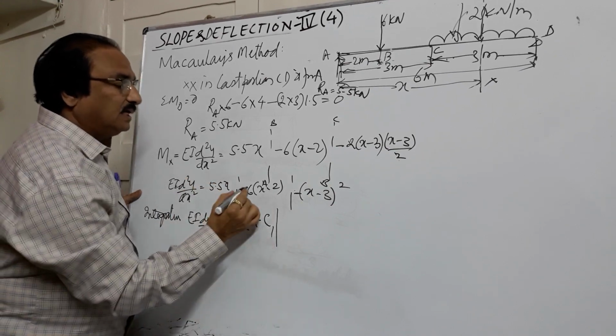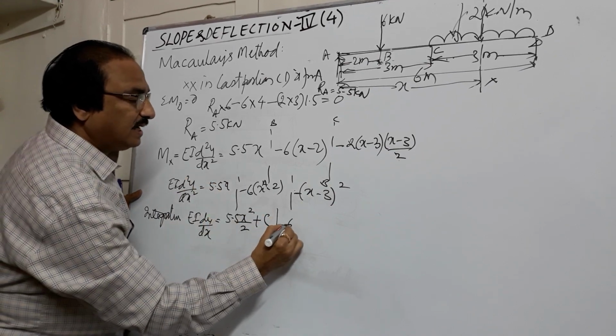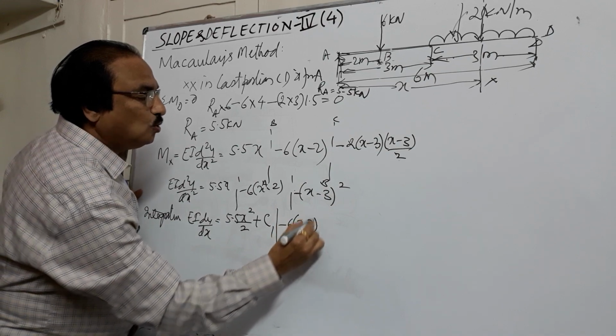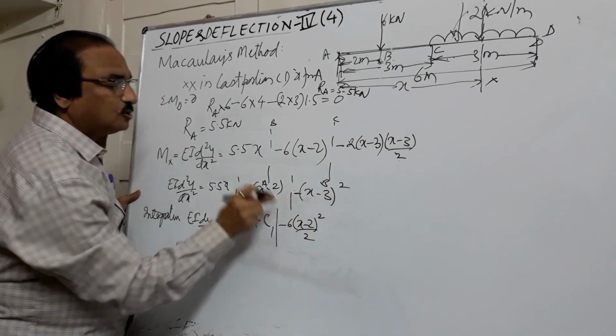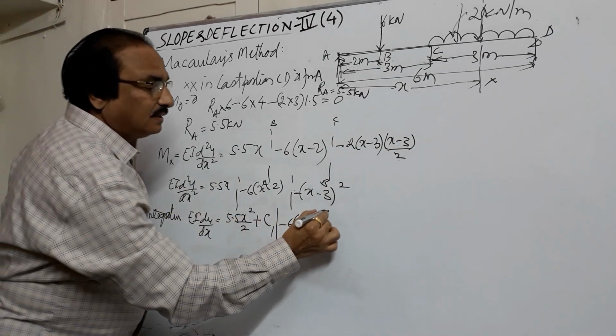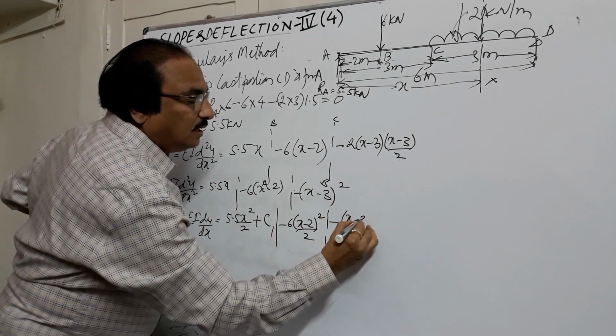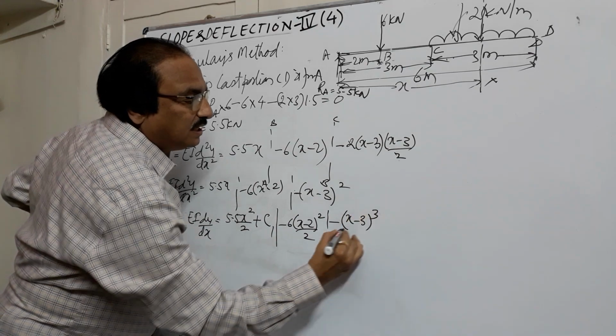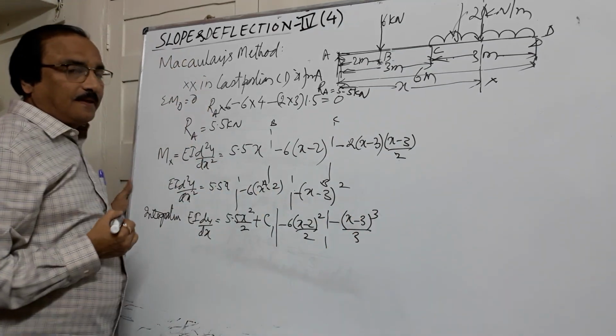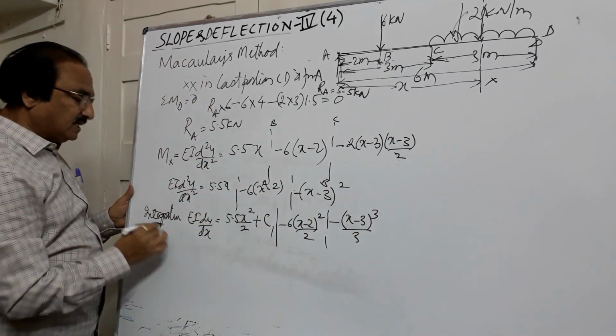Then integration of this will be minus x into x minus 2 whole square by 2, the whole thing to be integrated. Then minus integration of x minus 3 square will be x minus 3 cube by 3. So this is once integration.